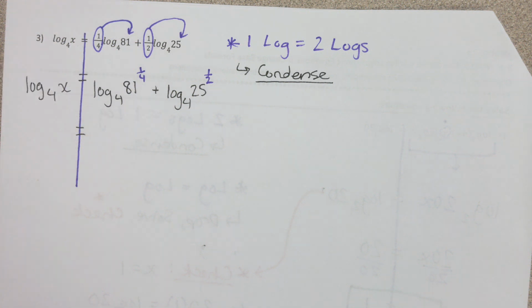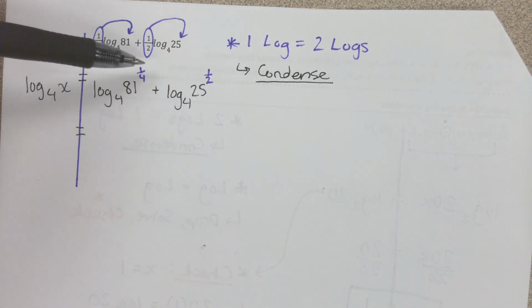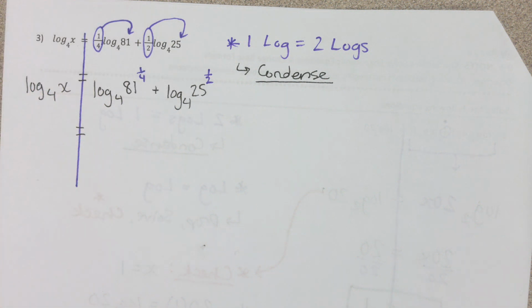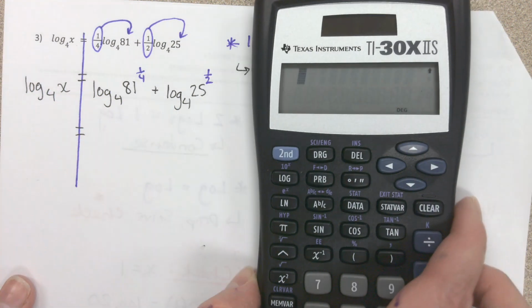Now, if you don't do it at this point, you're going to have to do it later, so you might as well. Yes, we're going to get the value of these numbers, and they are nice whole numbers, not decimals. So that's what we'll use our calculator for.